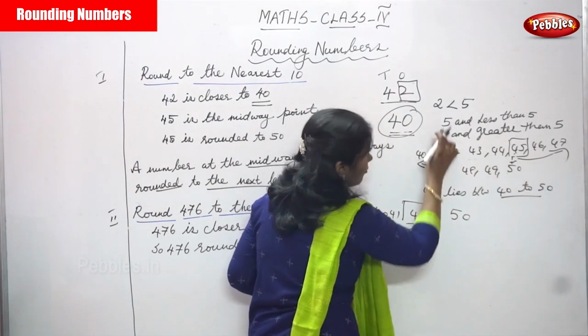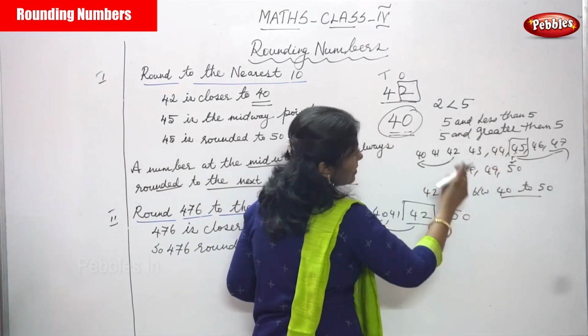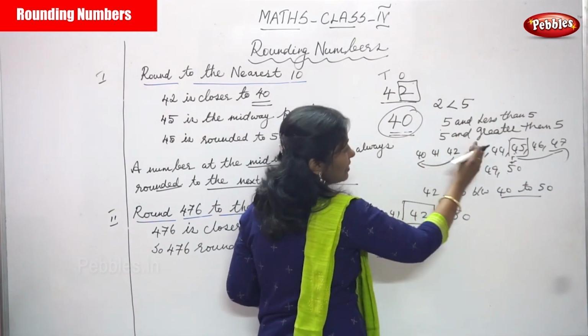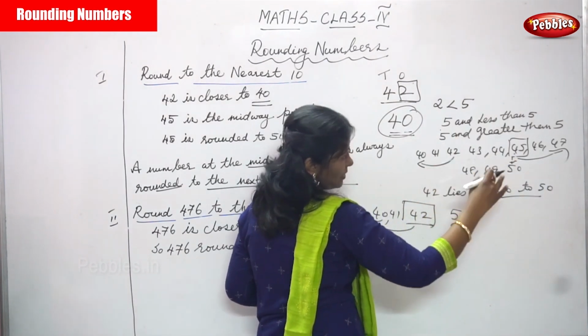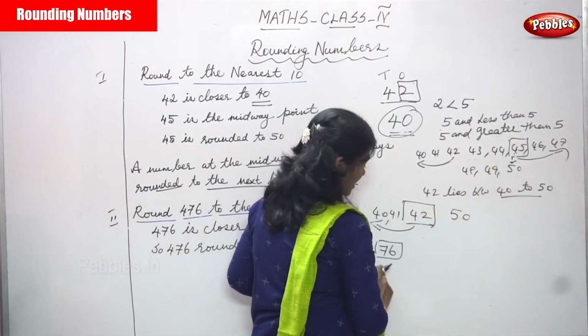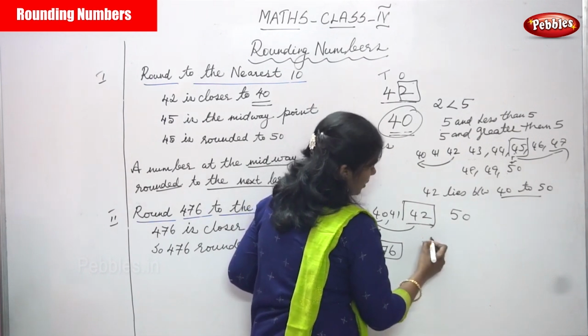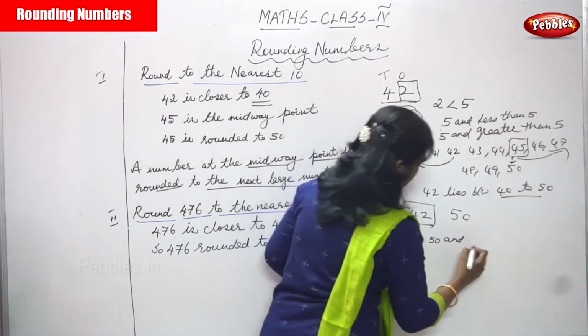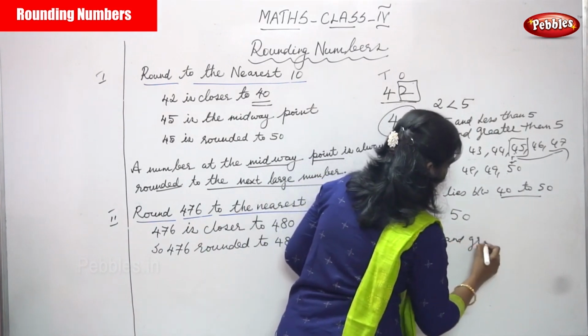That is, 5 and less than 5 means you have to consider the forward side, and 5 and greater than 5 you have to consider the backward side, next to the larger number, the next large number. So 76 here means 50 and greater than 50.